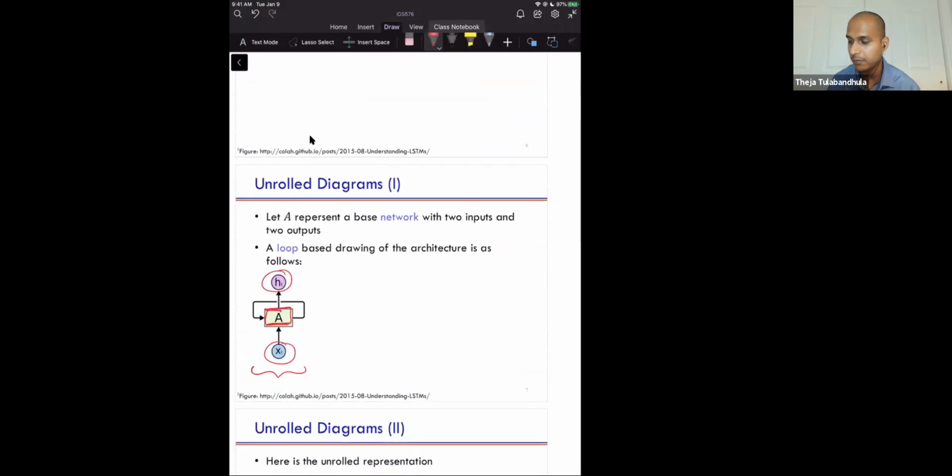The processing is done by this block A, which is essentially a neural network, and there's a feedback loop going from A to itself. So basically there are two inputs to A and two outputs from A, right? This is just a compact notation.